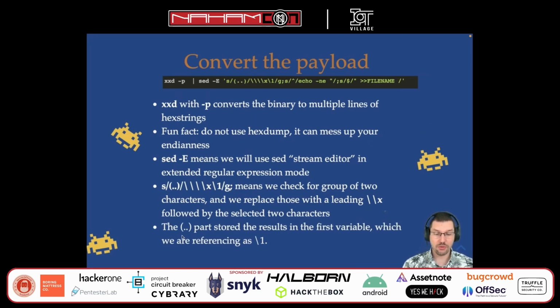If you know regular expressions, you know that this part is where we store the results of the search of the first group, and here we are back-referencing it as \1. And finally, the g part means that we want to do this replacement for every occurrence.